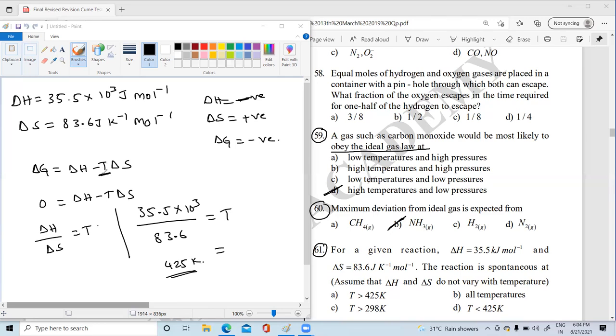If the temperature is greater than this, then only del G will be negative, and then only can we tell the reaction is spontaneous. So option should be A.